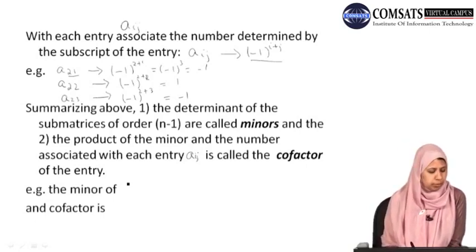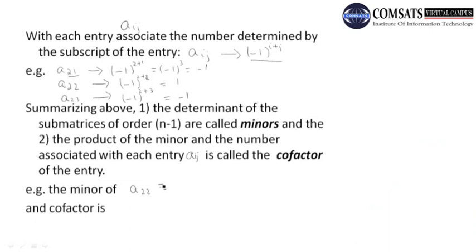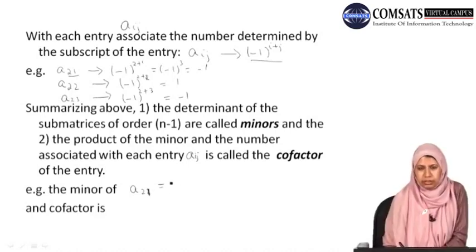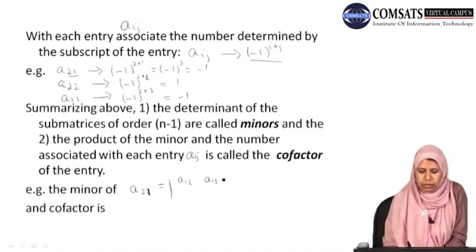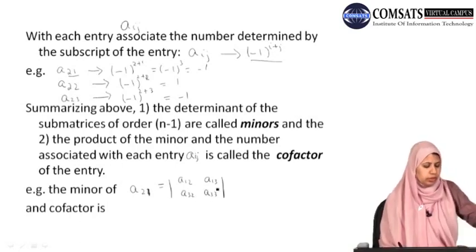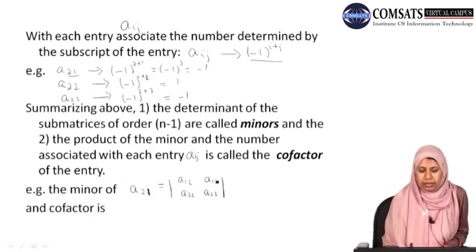For example, the minor of A21 is the determinant of the submatrix with rows A12, A13 and A32, A33 in vertical bars, and the cofactor we call C21.